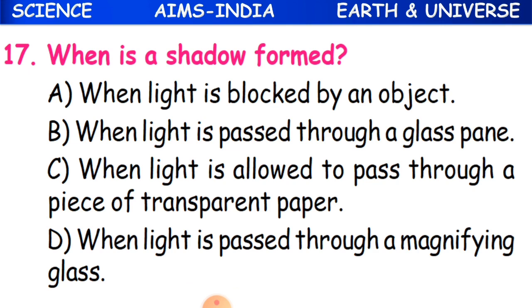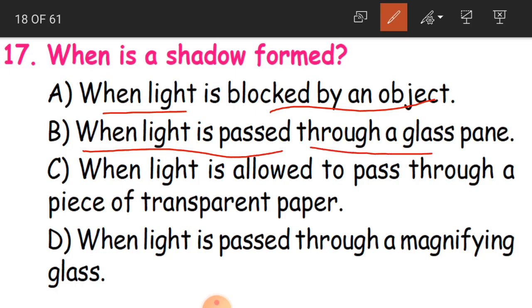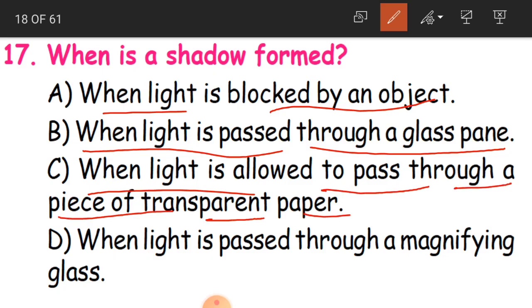Now the 17th question. When is a shadow formed? Every object has its own shadow. When is this shadow formed? When light is blocked by an object, when light is passed through a glass pane, when light is allowed to pass through a piece of transparent paper, or when light is passed through a magnifying glass.